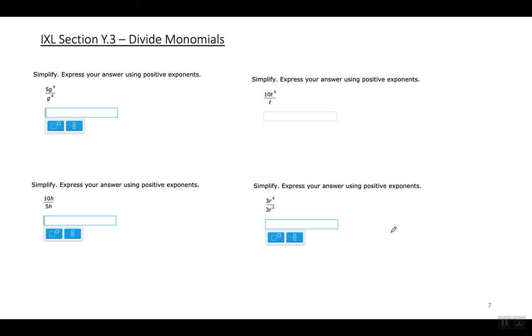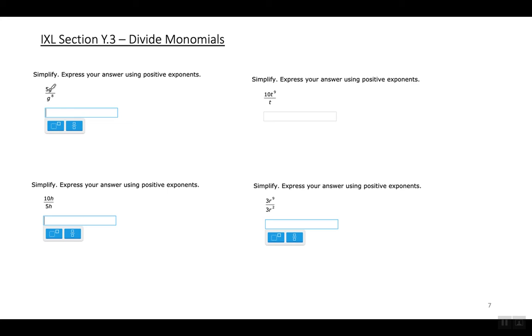All right, now let's go to Y3. Out of the 3 IXLs, Y3 may be the most challenging. It's also simple, but it's the only one that you may have to actually think on a couple of them. All right, so we have to divide monomials. When it comes to division, you divide the numbers and the variables.